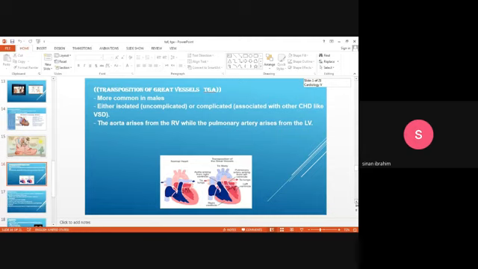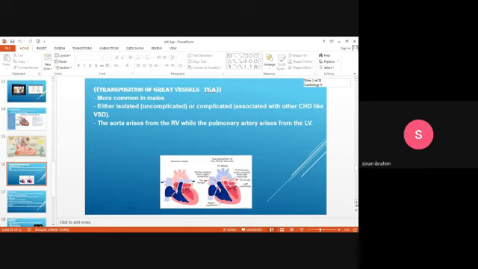Usually it is divided into two types: either isolated, which we call uncomplicated or just DTGA, or complicated, associated with other congenital heart disease like VSD.